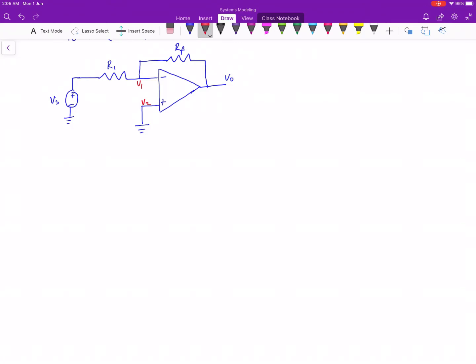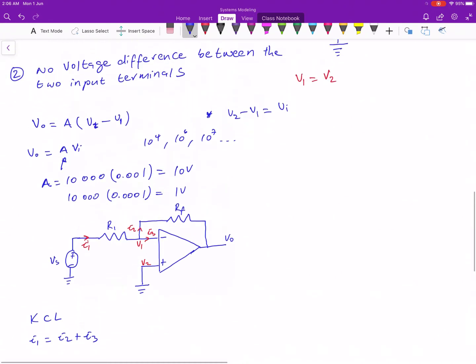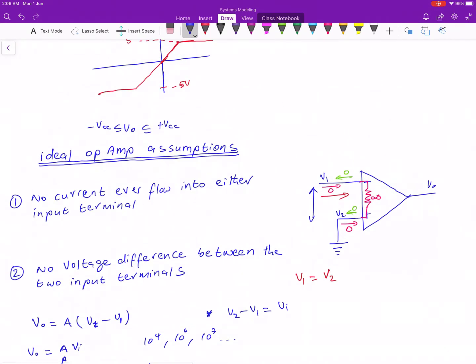Let's assume that we have current that goes here, this is I1, current that goes here is I3, and current that goes here is I2. So from KCL, we can say that I1 is equal to I2 plus I3. But we know that for an amplifier, the input impedance is very high. Here it is. We say that here our input impedance is infinite.